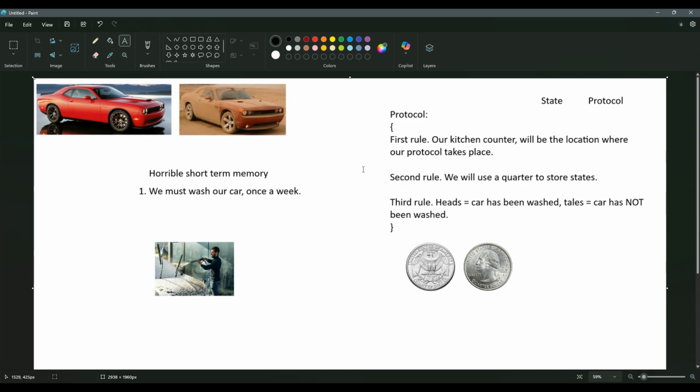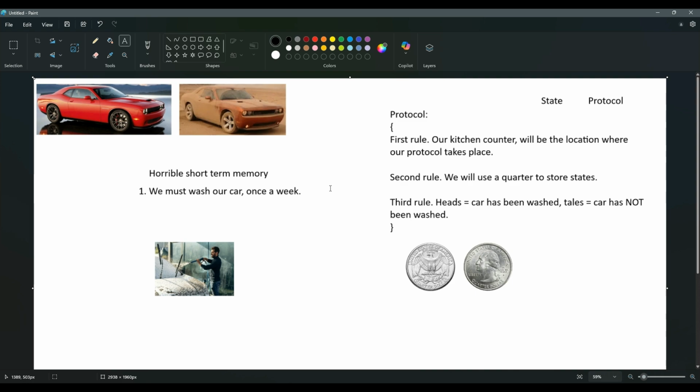When we're talking about information systems, we're talking about how we organize information, which usually is how we're organizing states and what protocol we're using to interpret those states into information. That's really what we're working with. In this scenario, my whole information system is literally just a quarter and my rule set. That's it. There's no electricity involved, no electrons, no capacitors or nothing.